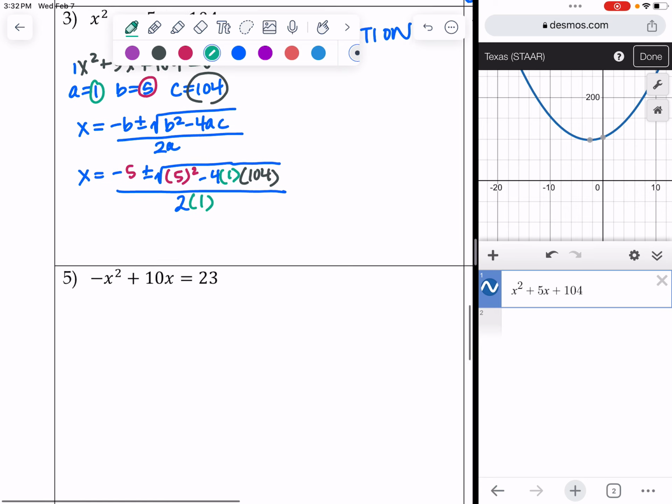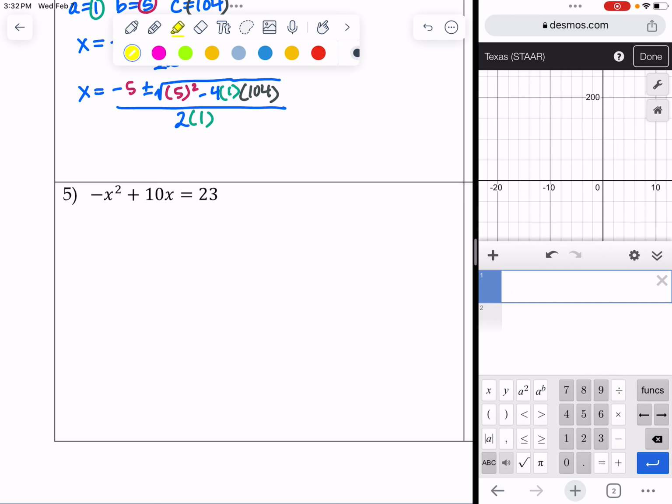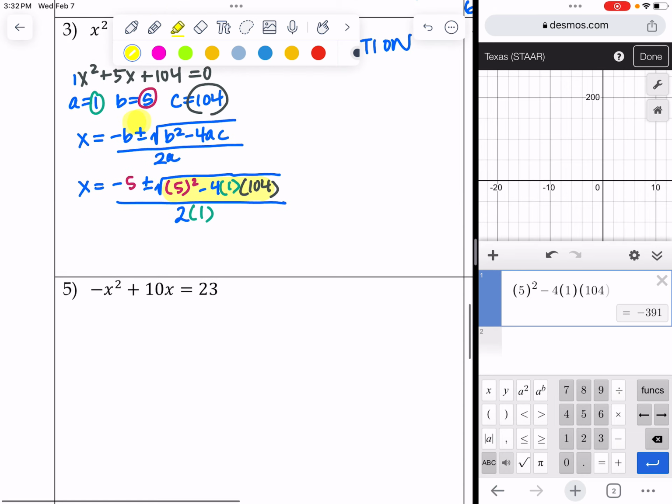Okay, and so when I try to simplify the expression under the radical, we get a negative number. The expression under the radical actually has a special name called the discriminant.